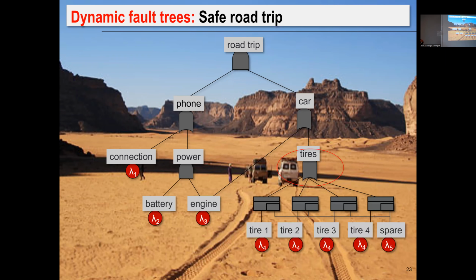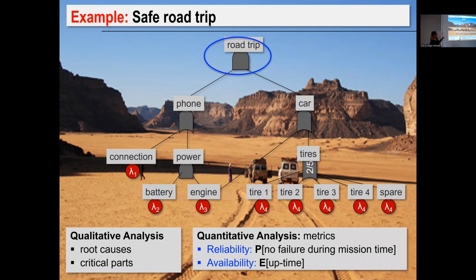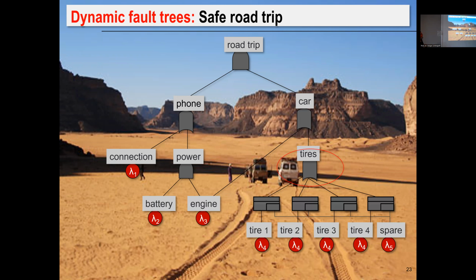But now, let's look at dynamic fault trees, because those fault trees here are static in the sense that they have only Boolean gates and no dynamic behavior. But people started to realize that you actually need more dynamics. When does your road trip really fail?